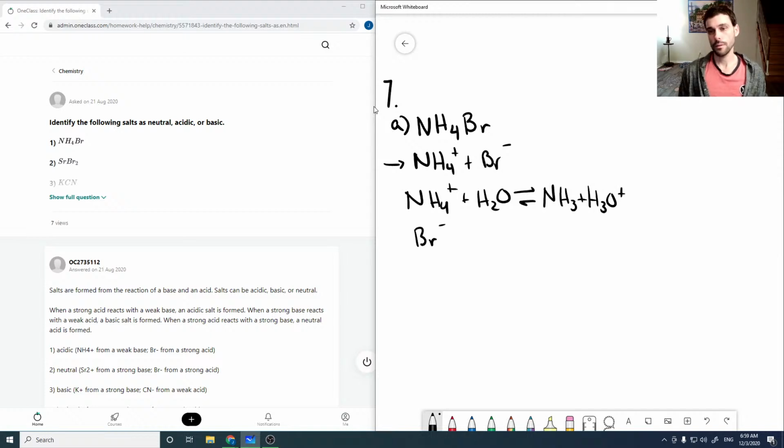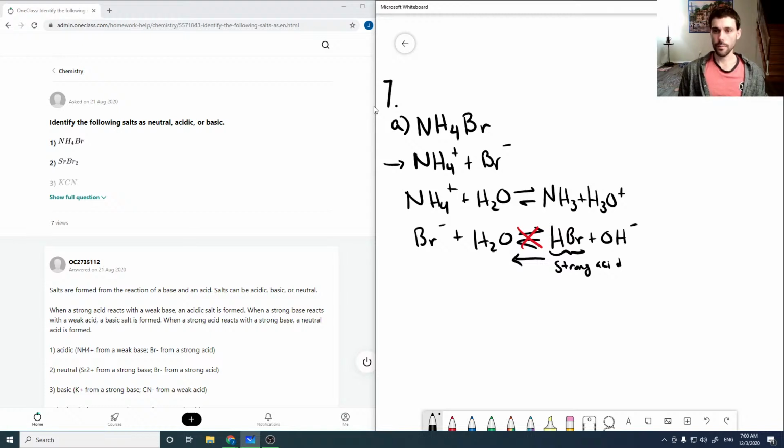Br minus, if we try to write an equilibrium expression, is going to be HBr plus OH minus, but HBr is a strong acid, so this is wrong, and this only goes in that direction.